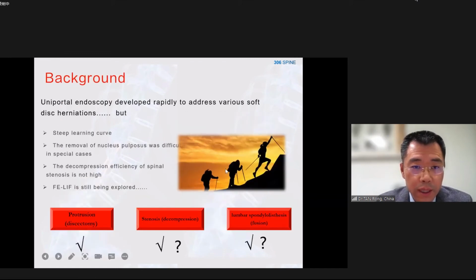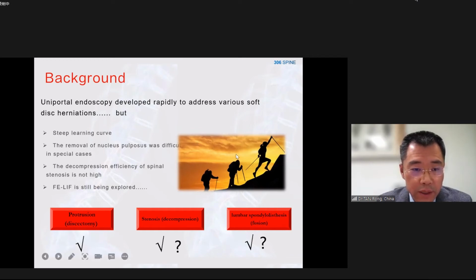Nowadays, uniportal endoscopy developed rapidly to address various soft disc herniations, but it has a steep learning curve, and it's very difficult to remove some nucleus in some special cases. And the decompression efficiency of spine stenosis is not very high.